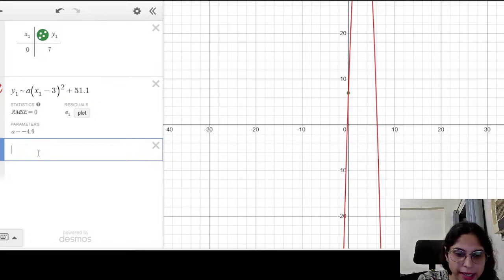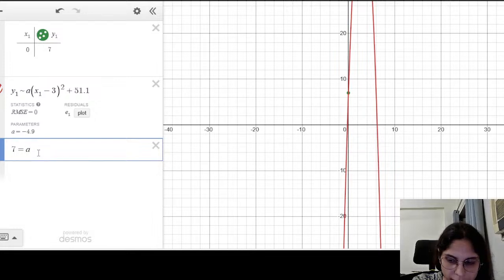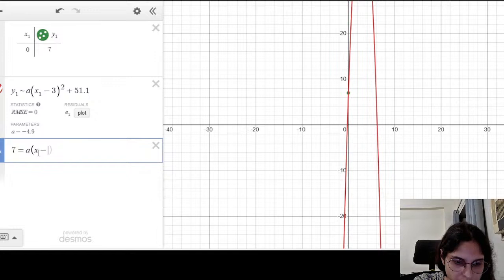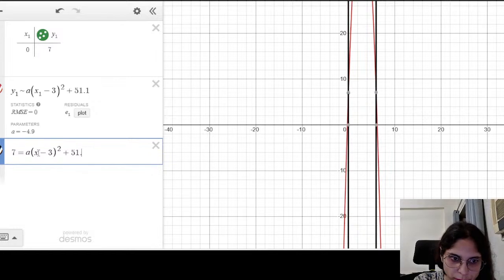And now you know the height is 7 meters because you are returning to a height of 7. So you write 7 equals a times (x minus 3) whole squared plus 51.1. You're getting your answer as 6.